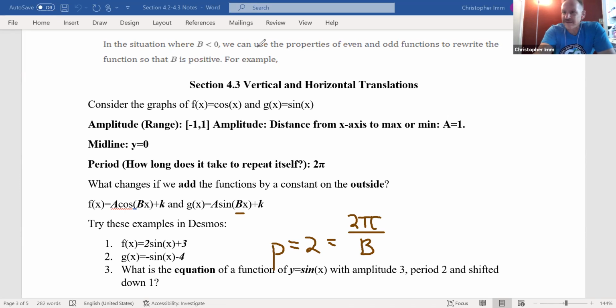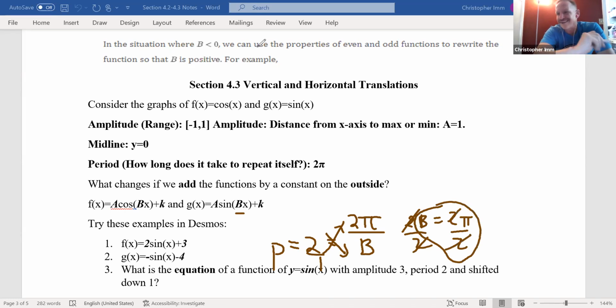So if I set up an equation, maybe put the 2 over 1, take the cross product, so 2b is equal to 1 times 2 pi, and divide by the 2, then Sean and the other ones that had pi in there are correct. Nice. So your function should be exactly f of x is equal to 3 sine of pi x minus 1.